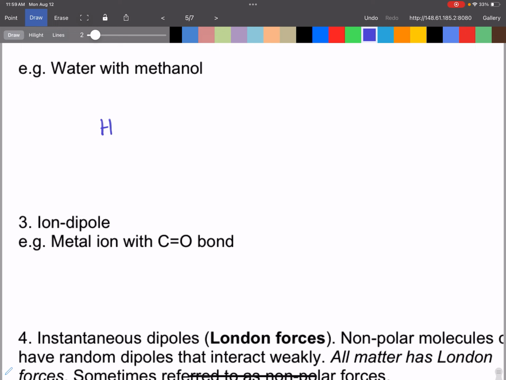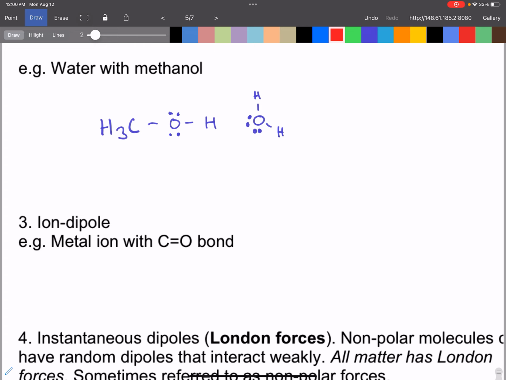Methanol we can draw like this. I'm going to draw out the bonds a little more clearly than we showed before, and I'm going to show two different water molecules interacting with it. In one case, I'm going to have a water molecule over here to the right, and it's going to interact with the hydrogen from the methanol.